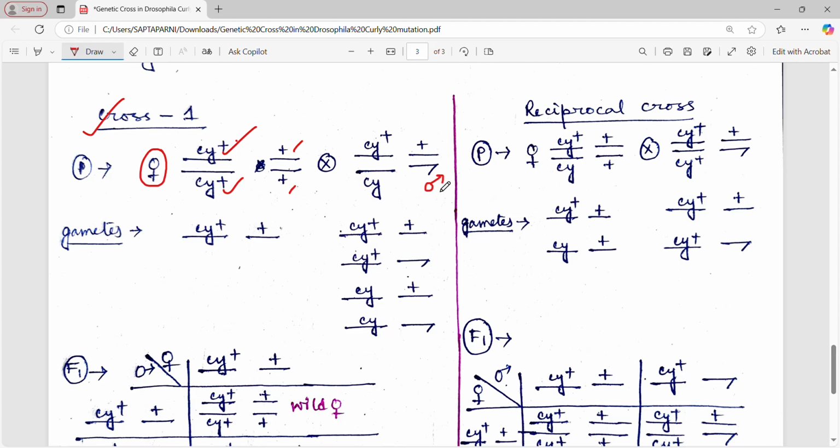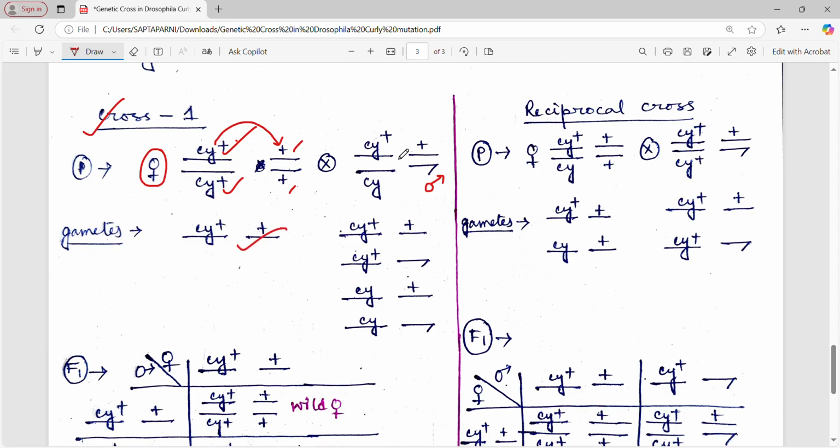Okay, so it should carry Cy plus Cy and X and Y chromosome, and if we don't take it as heterozygote we will not get the desired F1 progenies that are given in the question. Okay, so how many gametes should be formed from here? From the female we can get only one type of gamete, that is Cy plus and X chromosome.